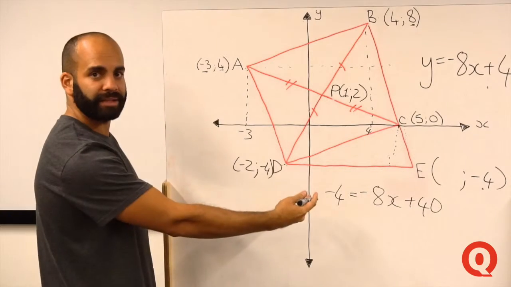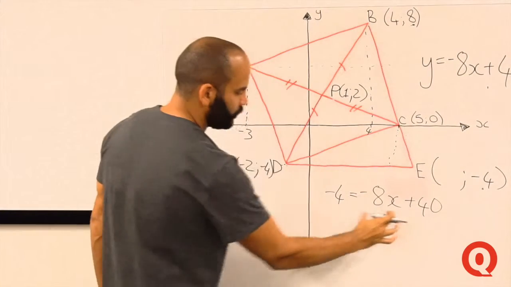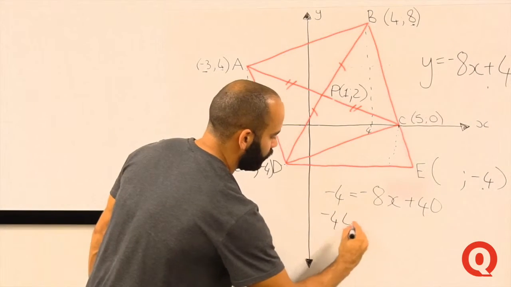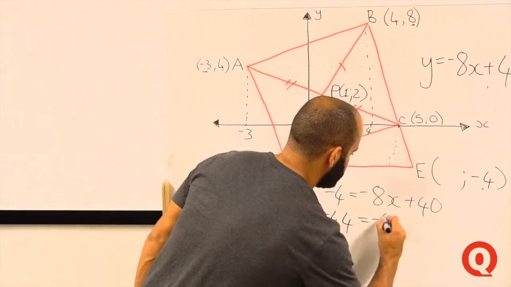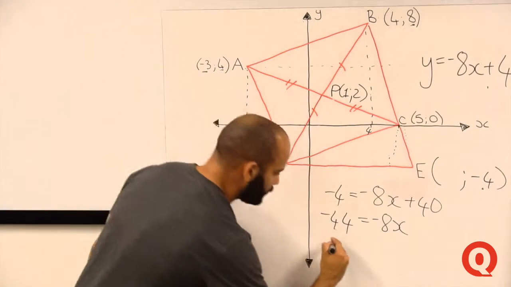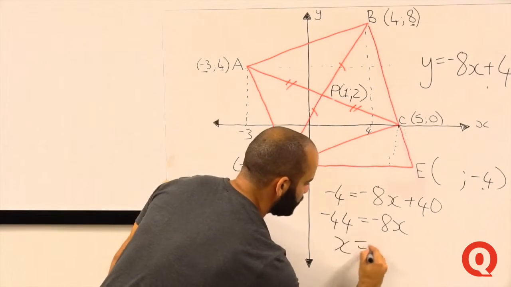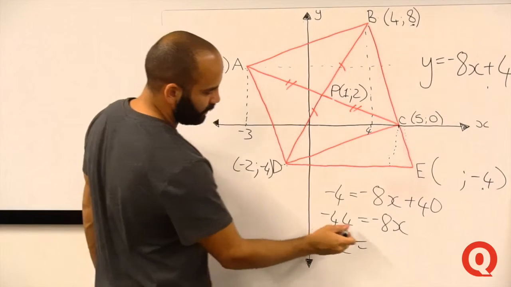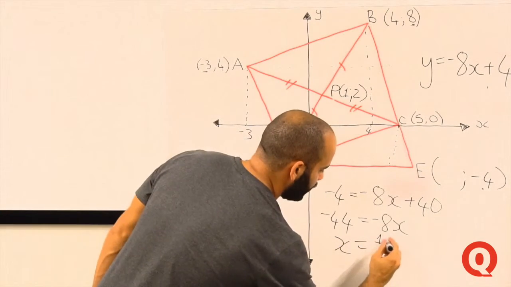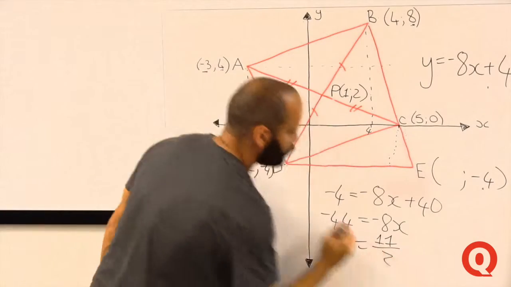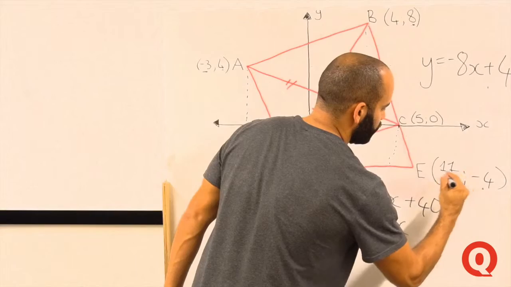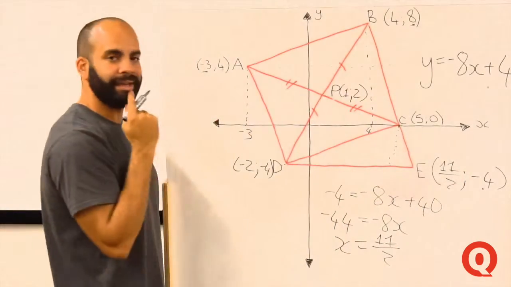And simplifying this expression, taking 40 to the left-hand side, I would have -44 equals -8x. Therefore, x must be equal to -44 divided by -8, which would be 11 over 2. So you can fill that value in for coordinate E.